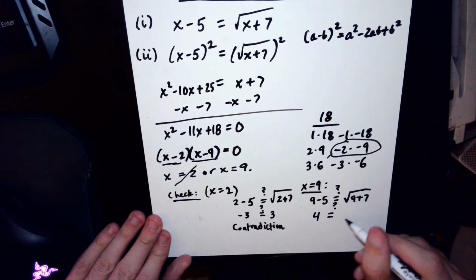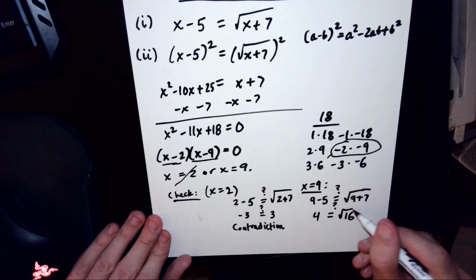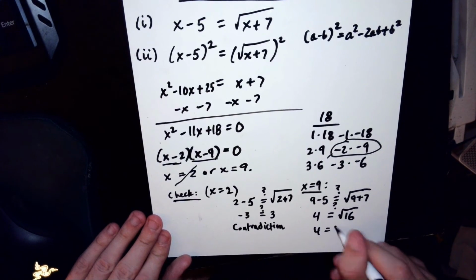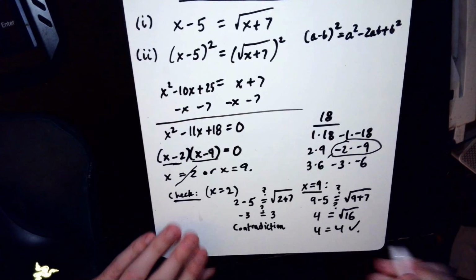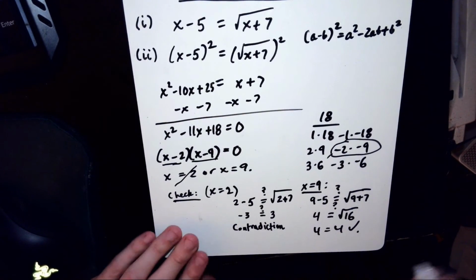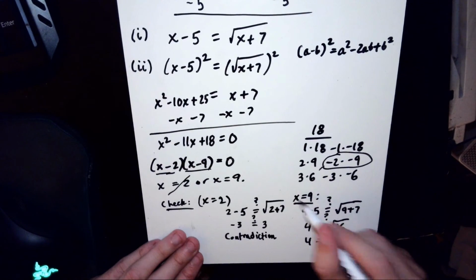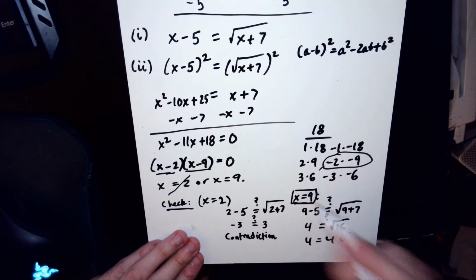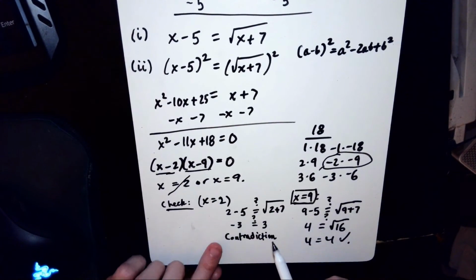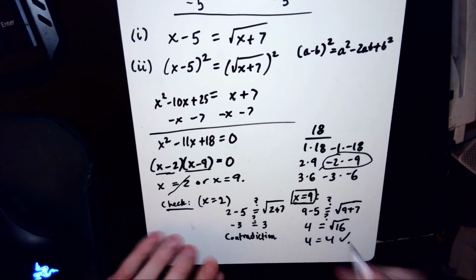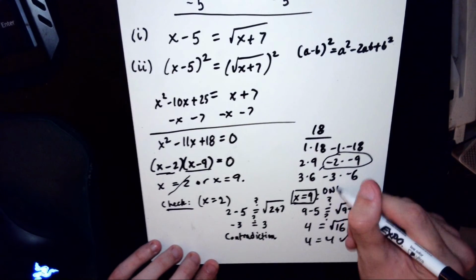On the right-hand side, we have the square root of 16. Is the square root of 16 equal to 4? The answer is yes. So 4 equals 4. We get a true statement when we plug in x equals 9. Therefore, x equals 9 is a solution. X equals 2, which we checked, gave us a contradiction. That means x equals 2 is not a solution. So this is the only solution.